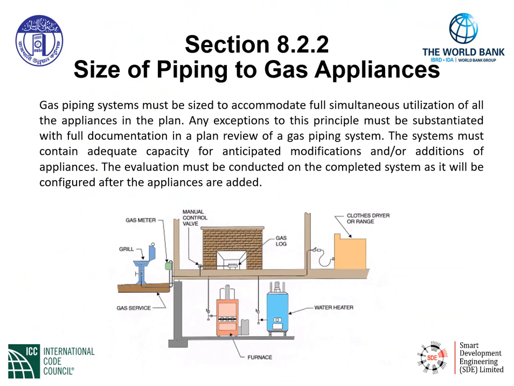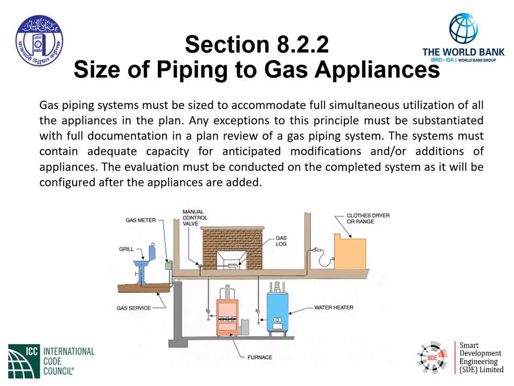As an example, we have a gas piping system shown in the graphic below. As you see where the gas system receives its supply from the utility or the authority, it comes into the meter set.